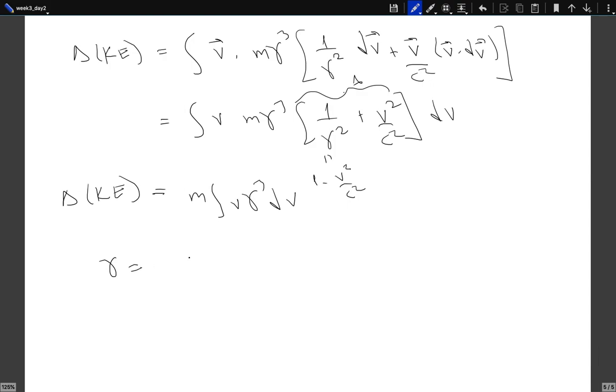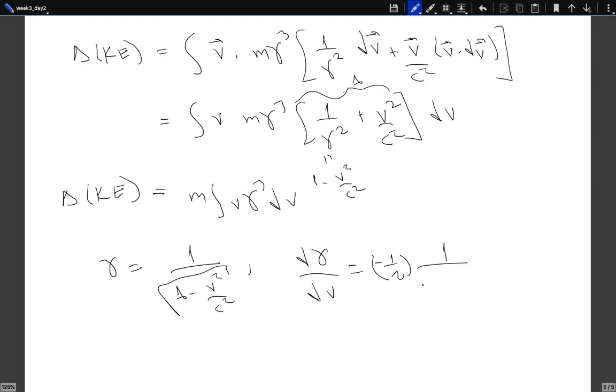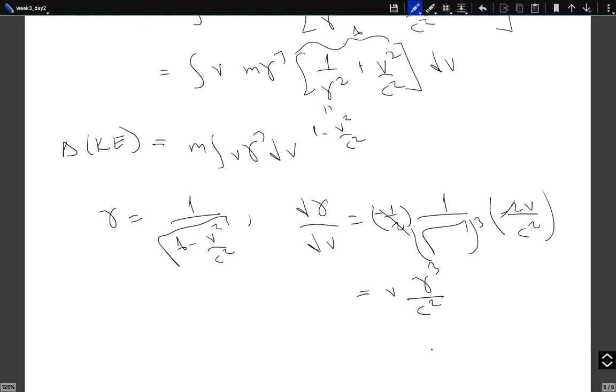Well, gamma was 1 over the square root of 1 minus v squared over c squared. Now d gamma by dv, I'm taking the derivative with respect to the speed, not the velocity. This will be equal to minus 1/2 because of the square root, 1 over that square root cubed times minus 2v over c squared. These cancel, so this is just v times gamma cubed over c squared.